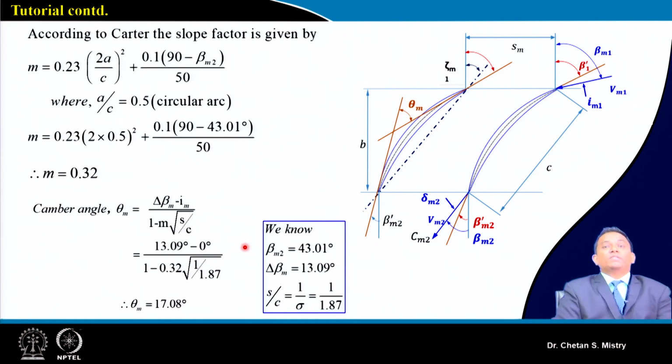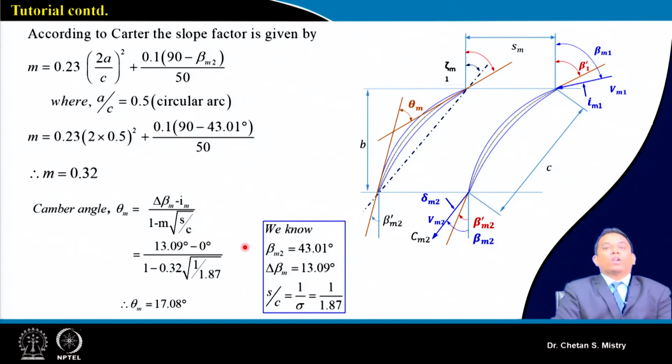Now, once these parameters are known to us, we are interested in calculating my aerofoil parameters. For calculation of the aerofoil parameters, we need to calculate Carter's parameter, that is the slope factor m.